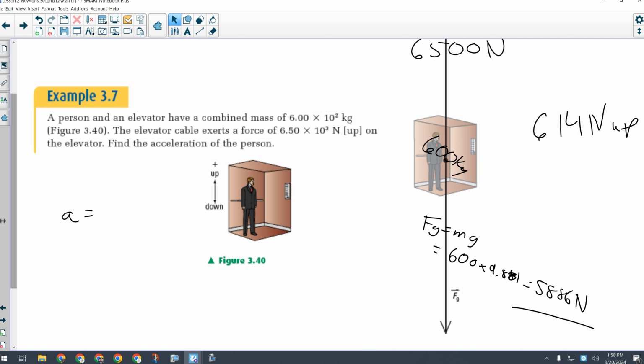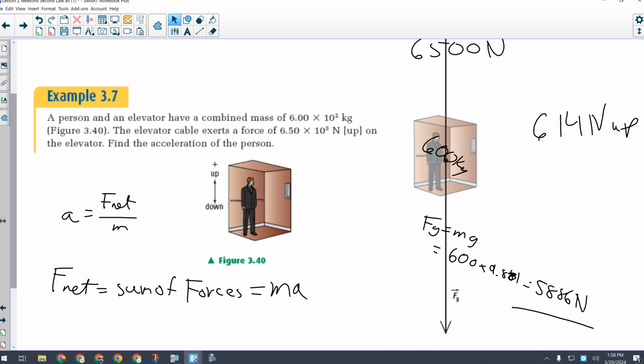We said F net equals the sum of all forces, and F net equals m times a. What we just did was the vector sum of all forces: 6,500 newtons up, 5,886 down, for a total of 614 up.